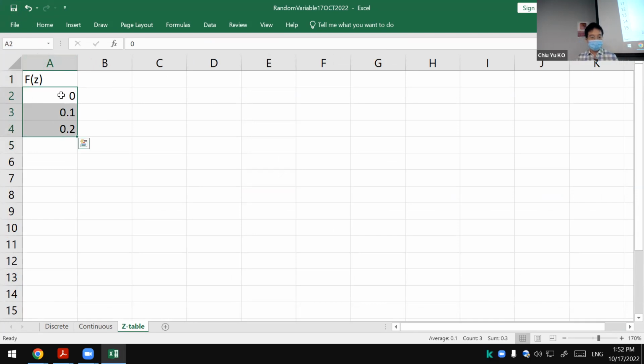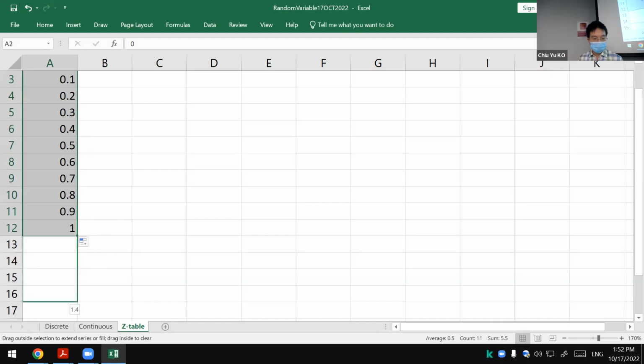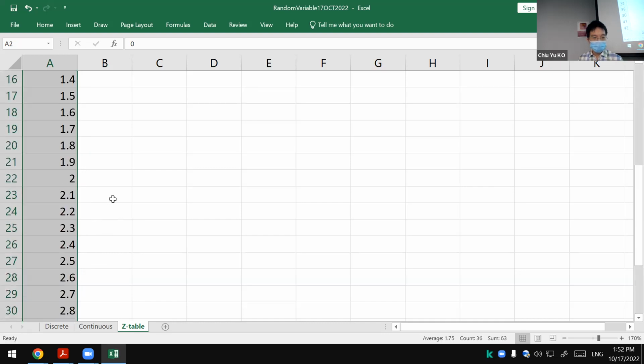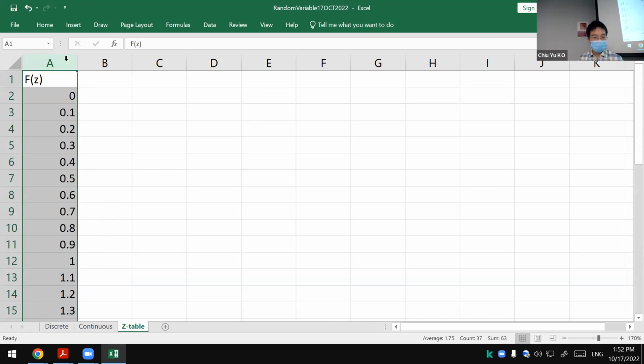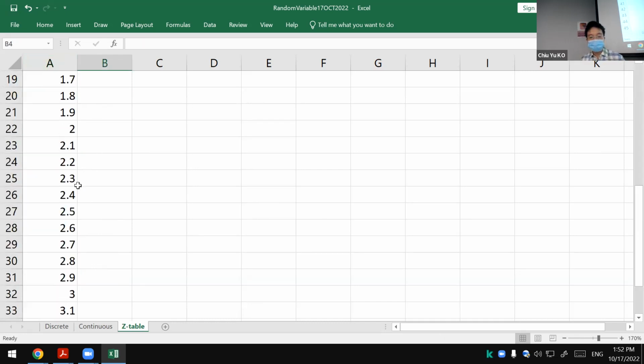But when you do Windows, if you create some sequence like this, then you just go to the right hand corner and start dragging. Excel will very quickly know what you're doing, and you can keep dragging until the number you like. That is how you get a sequence of these numbers.